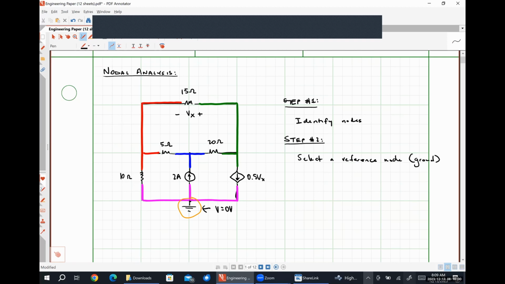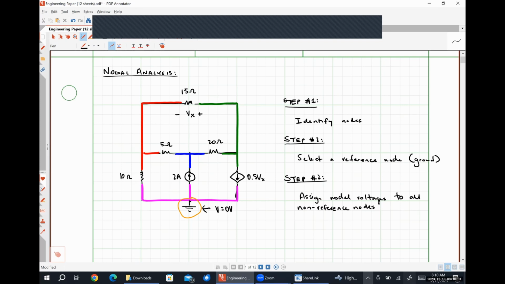All right, so step number 3, this is our last setup step, is going to be assign nodal voltages to all non-reference nodes.